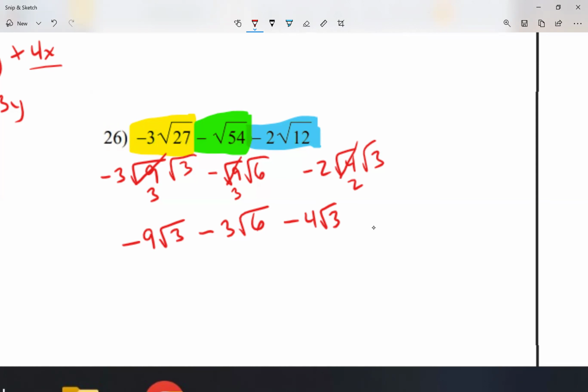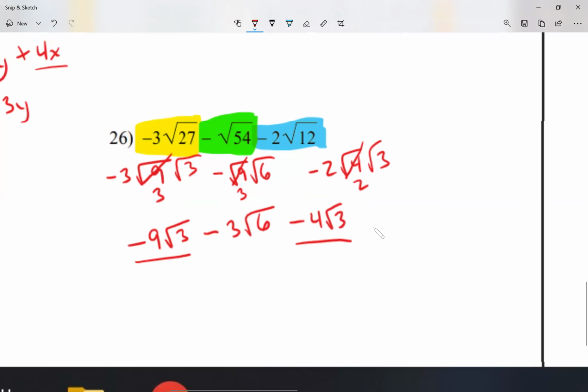Now, let me combine my like terms. So starting from the lowest radical, the smallest radical, that is radical 3. Let me underline them so we can see what I'm looking at. Okay, so radical 3. All I'm going to ask myself is, what's negative 9 minus 4? What's a negative 9 and a negative 4?